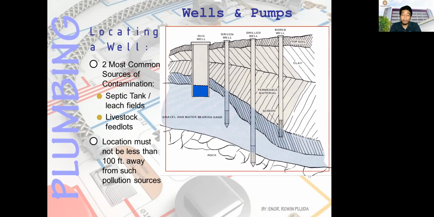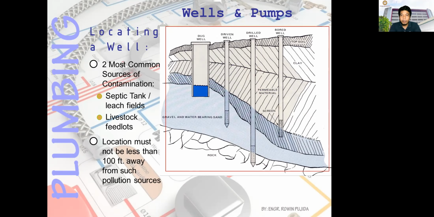So also based on the certification in the plumbing plans, in every plumbing plan there should be a certification stating that no wells or pumps within a 25-meter radius from the septic tank.